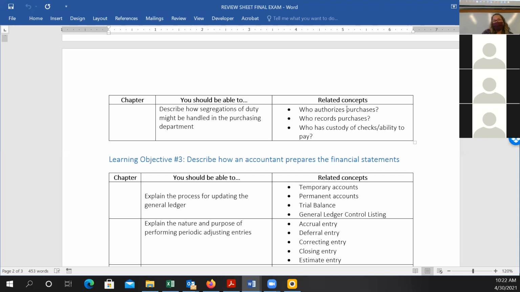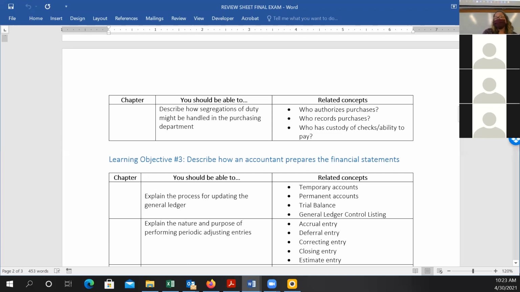But the cashier's department is the one who has custody of the checks and or the ability to pay. And we talked about how a good control is only having one person have keys to wherever they lock up the blank checks. Only one person have a login and password to the system that they use to authorize electronic fund transfers, things like that.